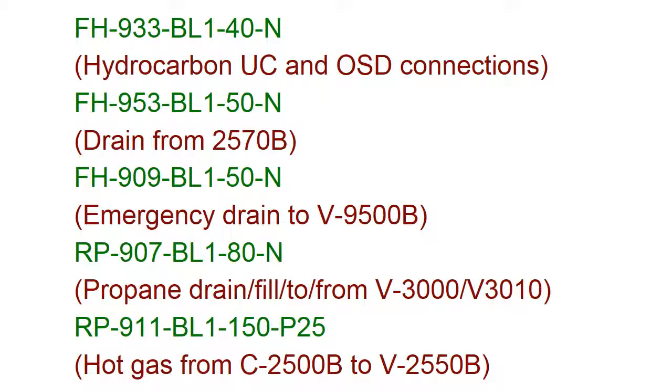FH933-BL1-40N, hydrocarbon UC and OSD connections. FH953-BL1-50N, drain from 25.7 PP. FH909-BL1-50N, emergency drain to V9500B. RP907-BL1-80N, propane drain fill to or from V3000, V30N.